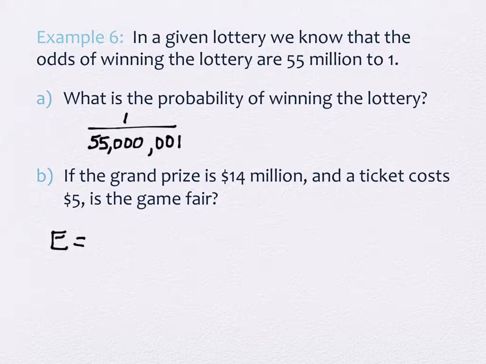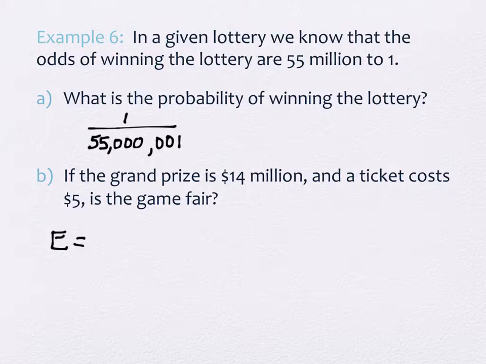And I mentioned last time that not all the problems are always just win or loss. You might have different ways of winning, right? What if there's one person who wins $14 million and there's 3 other people who win, like $10 million? Well, that means we've got more than one possible outcome. But in this scenario, there's not. There's 2 possible outcomes. What are they? You win 14 million, or you lose your $5, right? I mean, that's the options. Make sense?